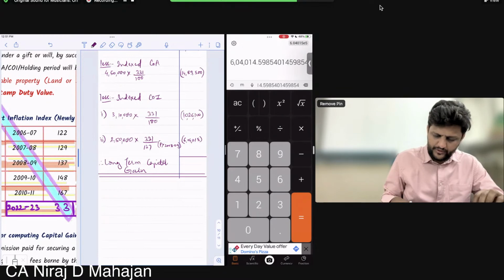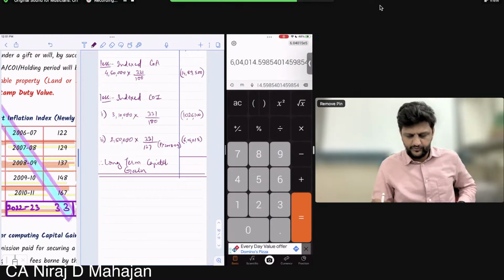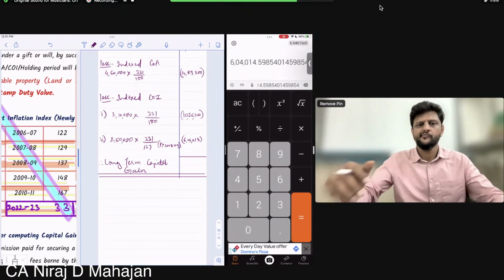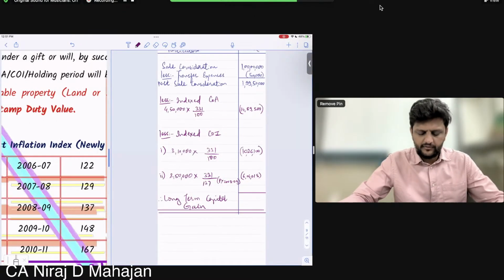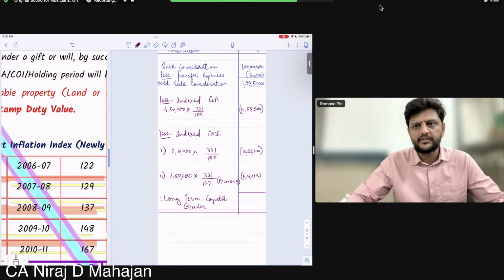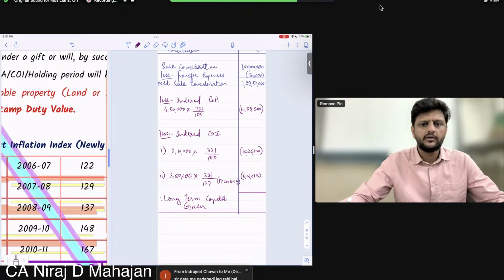How much? You type the answer, all of you. 1 crore 99 lakh 50,000, minus 14,89,500, minus 10 lakh 26,100, minus 6 lakh 4,015. डेट में गड़बड़ लग रही है, क्या हो गया डेट में?